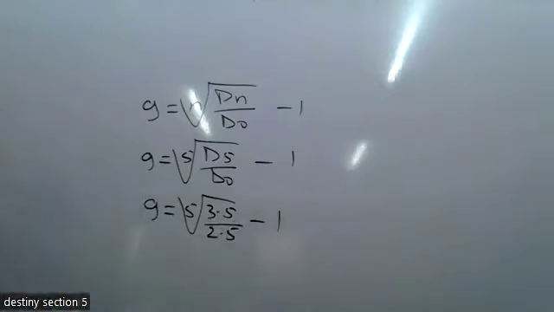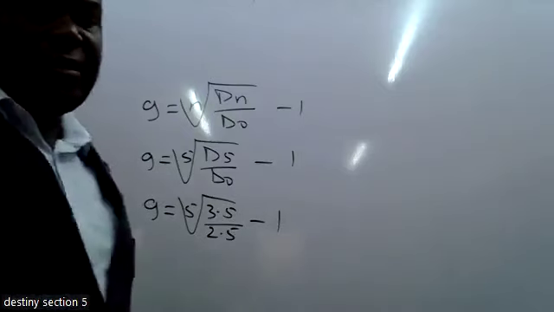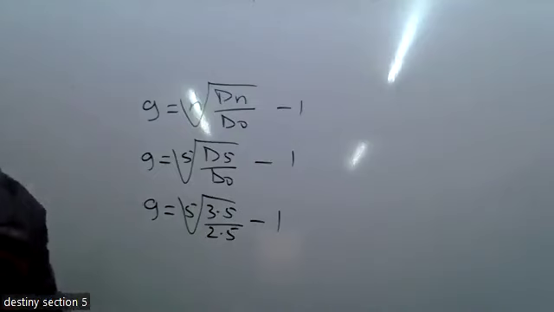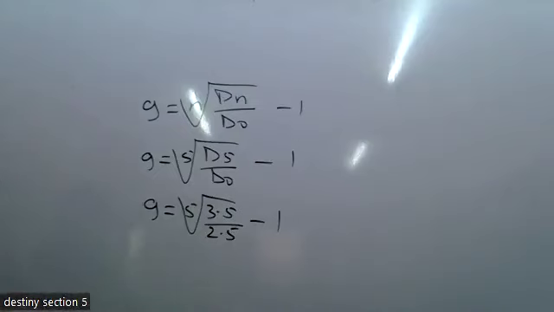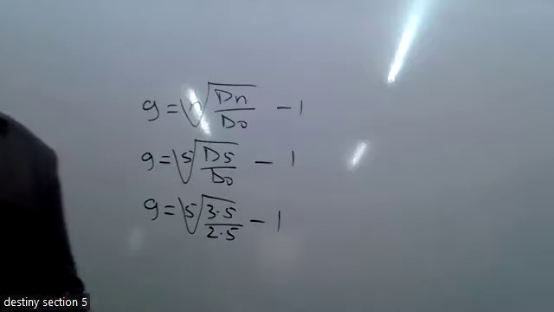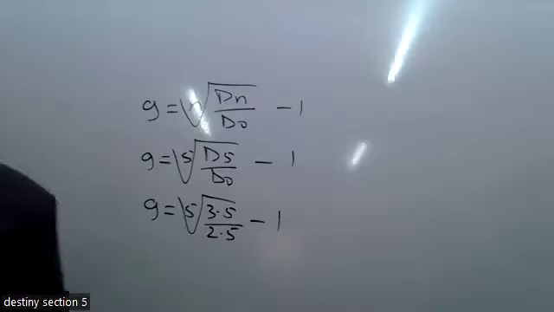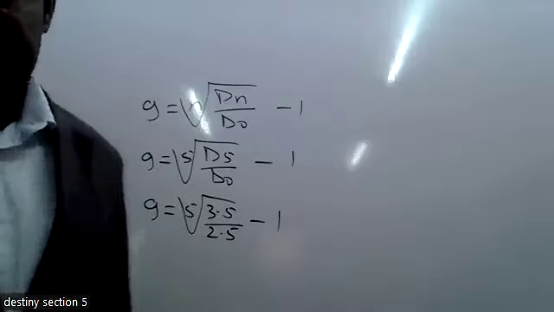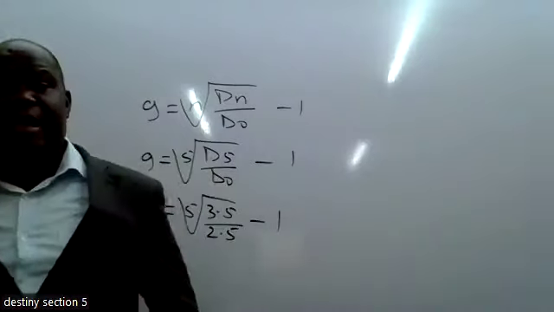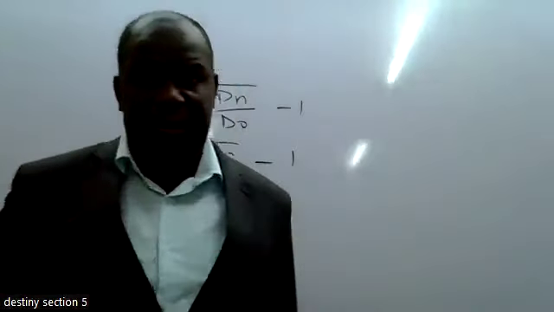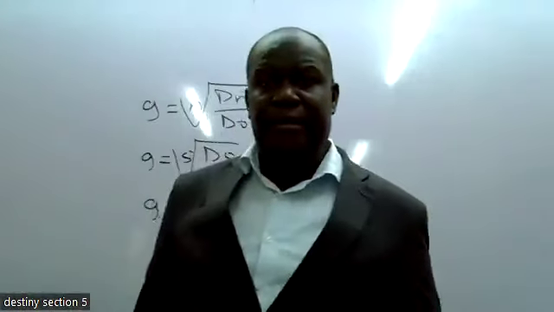Then you subtract 1 to come up with the constant growth rate G. So to get that figure, use the compounding method. I had given you that formula for the compounding method. Then also express it as a percentage.